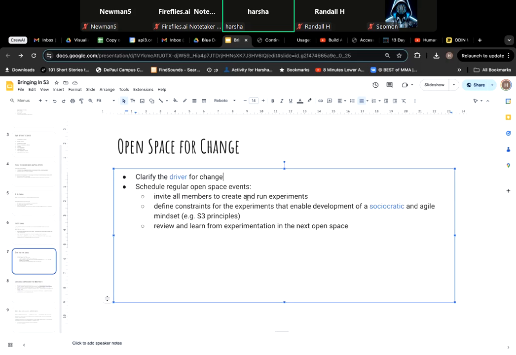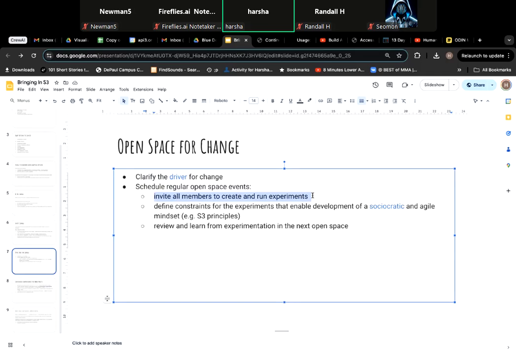Invite all the members to create and run experiments, define constraints for experiments that enable development of sociocratic and agile mindset, review and learn from experimentation in the next open space. So invite all members to create and run experiments. This is something that is not very clear to me.